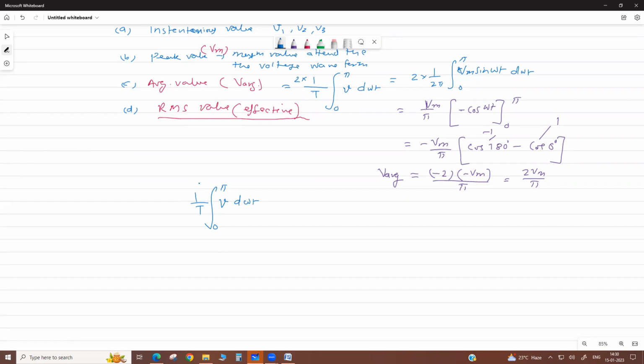Okay. Then square. Actually you do the square, V square. Like square, then mean. Mean means average. And total is into 2 for the total average value.